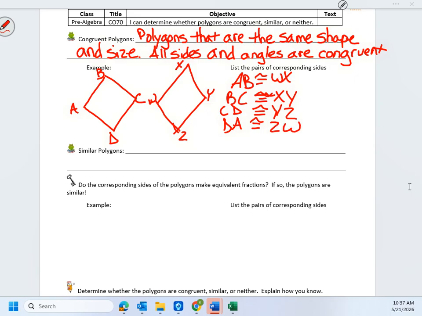They match up, they are the exact same. So when I'm looking at those sides, they are all congruent, all the same.